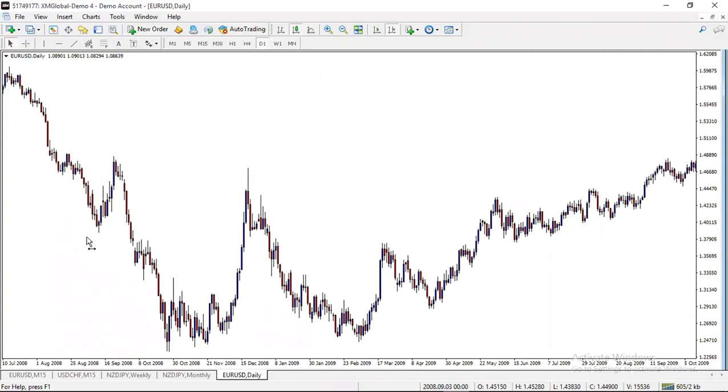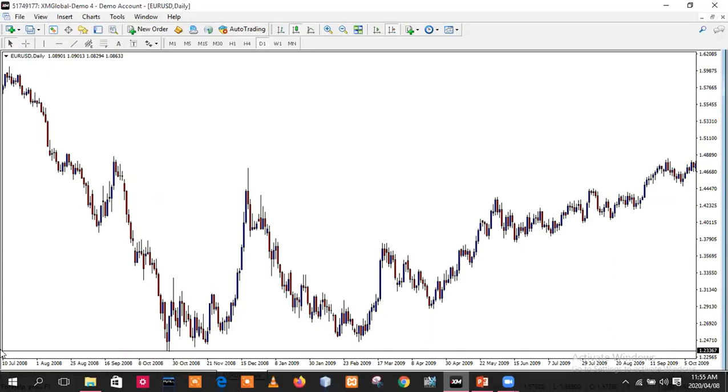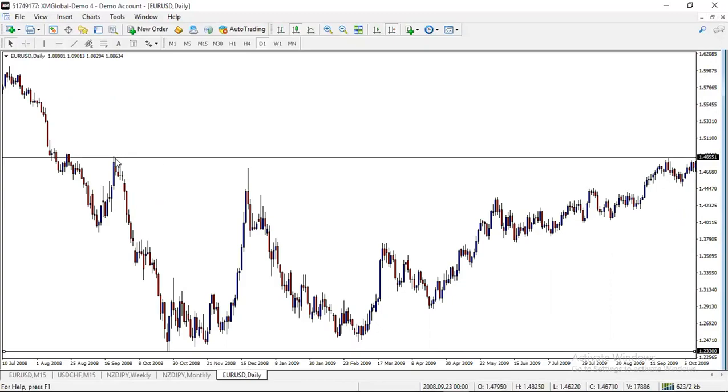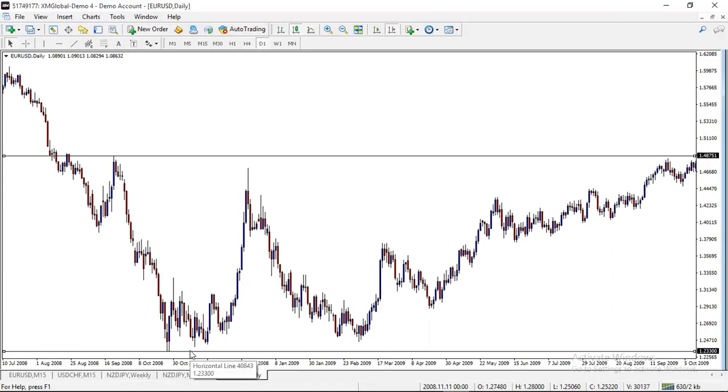Okay, let's say I have that particular price, 1.233, this one. If I say this is a support and this is a resistance, you can see price tried to pull back and retest on that particular price, but it didn't reach.